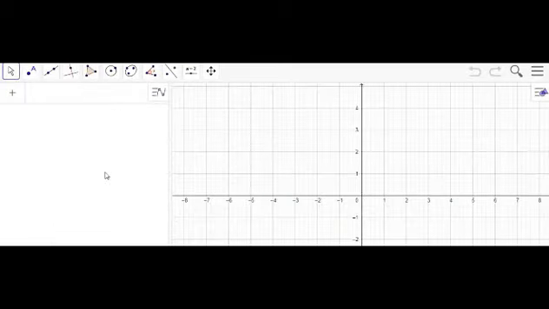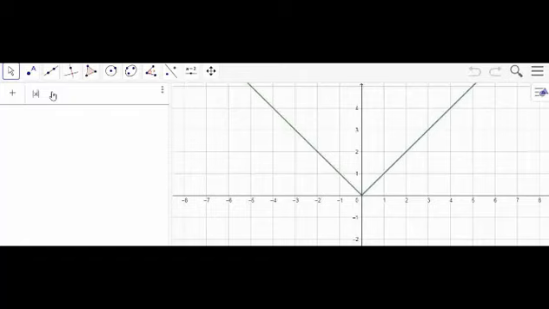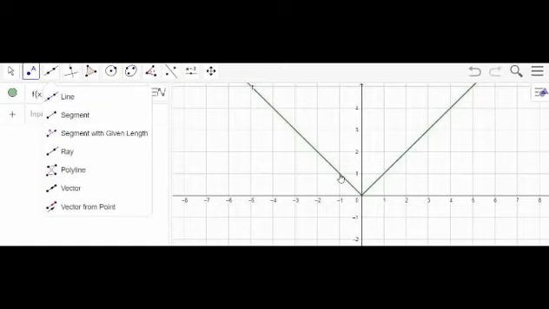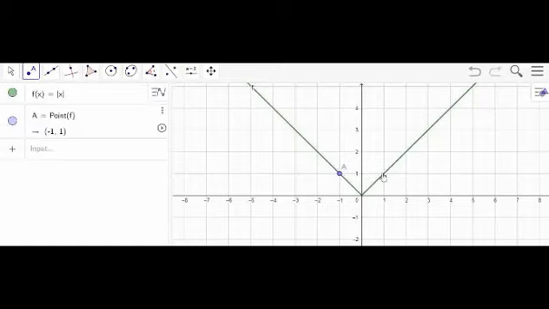Now we consider the second example, f of x equals mod x. So this is the graph of the function f of x equals mod x in the interval -1 and 1. So we take a point -1 and here a point 1.